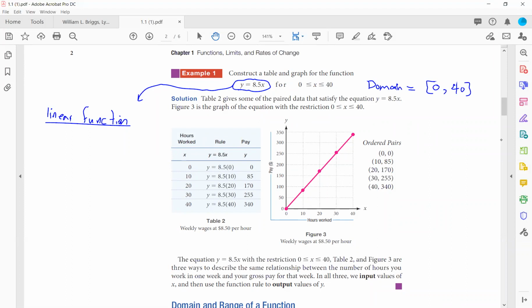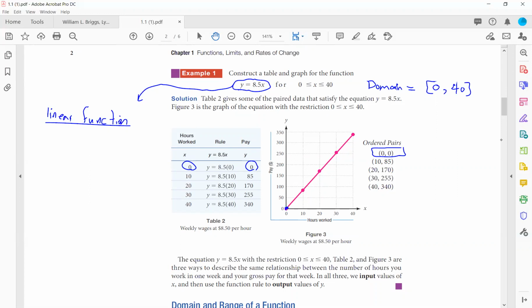The smallest value is 0, so let us plug in 0. y is equal to 8.5 times 0. 0 times any number is 0. So the very first point on the graph of the function is 0 and 0, which is the origin.